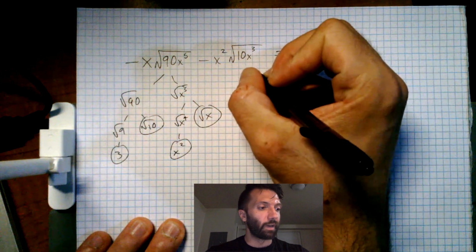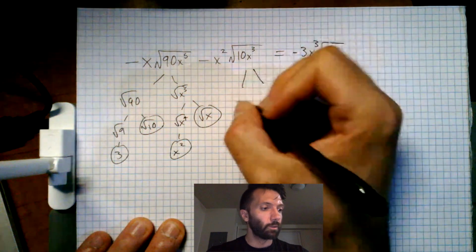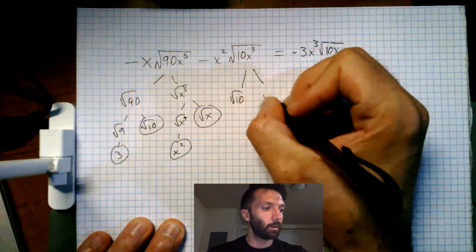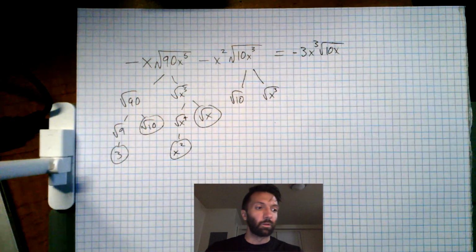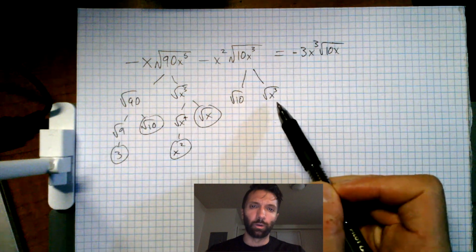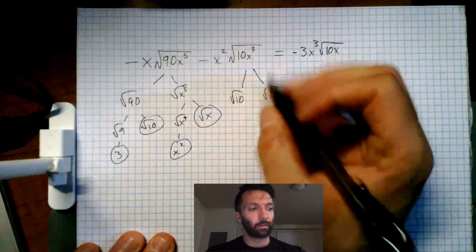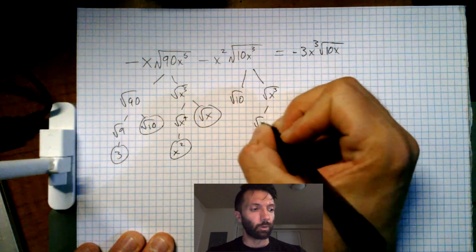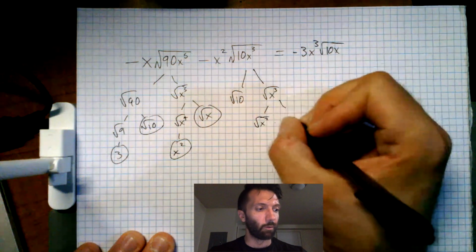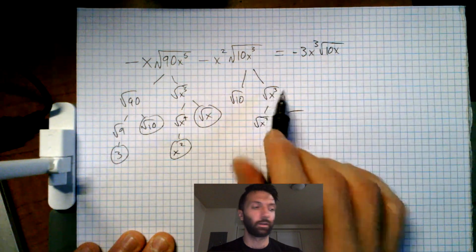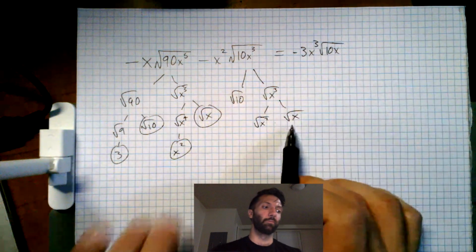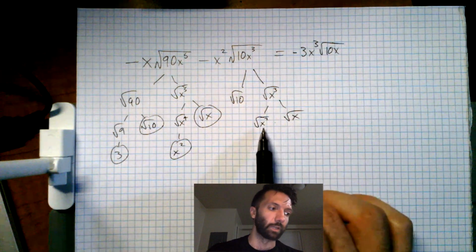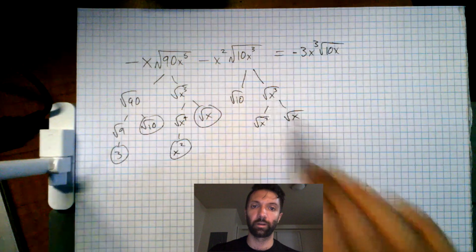This will factor into root 10 and root x to the third. And similarly to what happened here, I don't know what the square root of x to the third is, but I do know what the square root of x squared is. So I will factor the square root of x to the third into the square root of x squared times the square root of x, because x squared times x gives me x to the third.